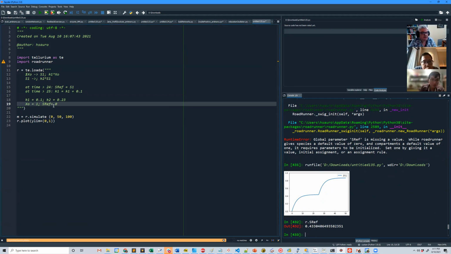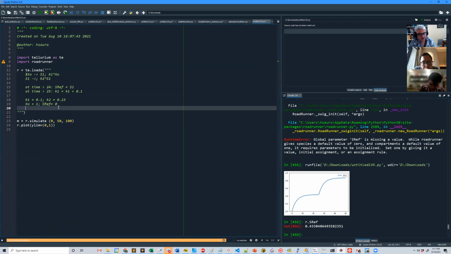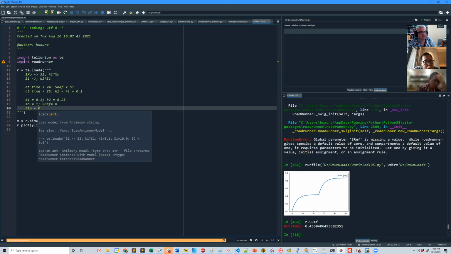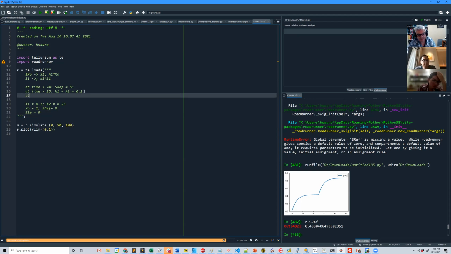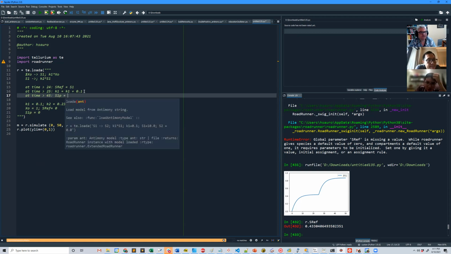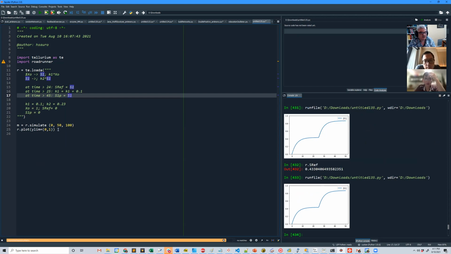Now I'm going to record the value of S1, call it S1P, after the perturbation. So at time greater than, let's see, it reaches steady state at about what, 45? And I'll go S1P equals 40 something. Yeah, 40. Okay, so let's print these out.